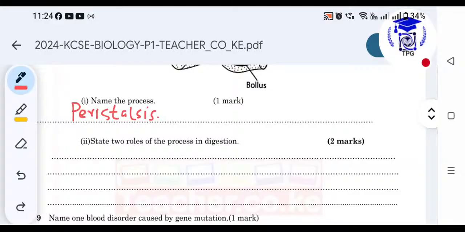State two roles of the process in digestion. What is the function of peristalsis during digestion? Number one, it facilitates the movement of food.